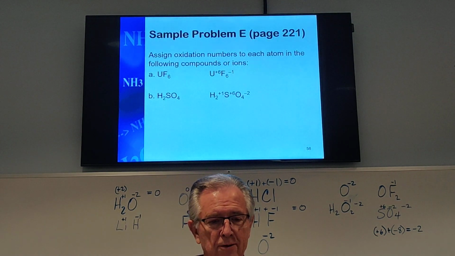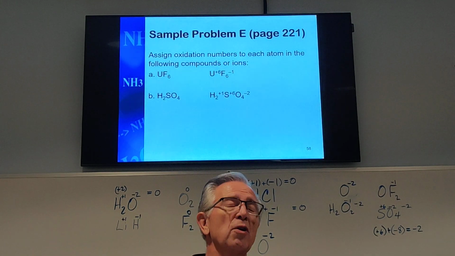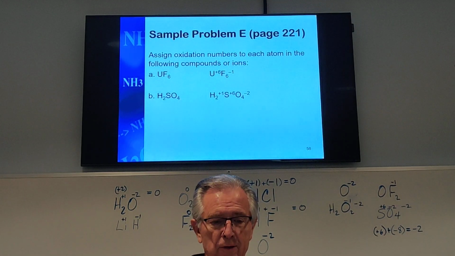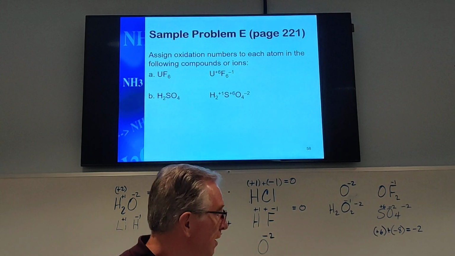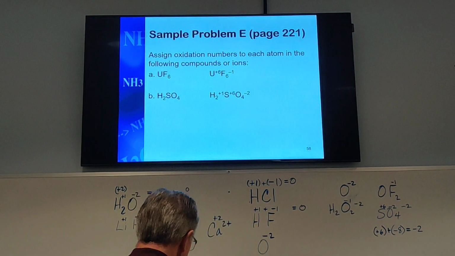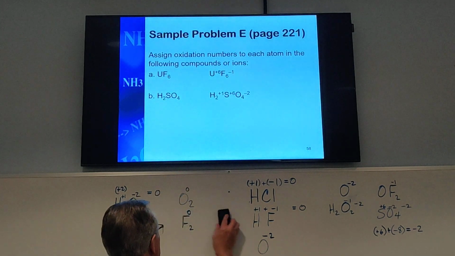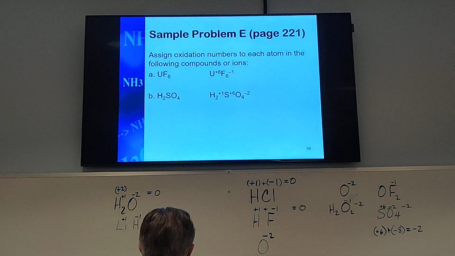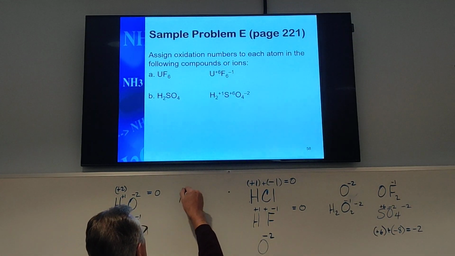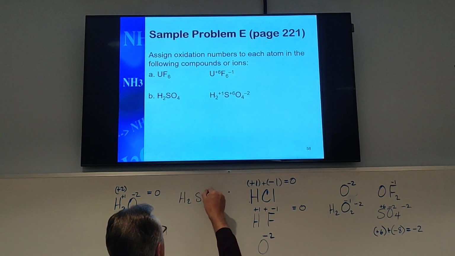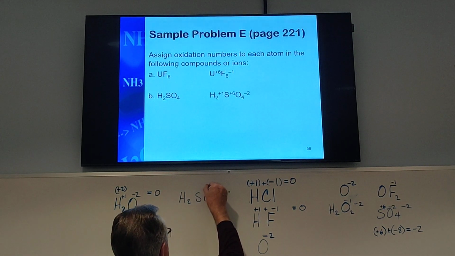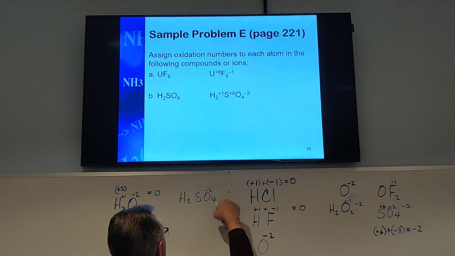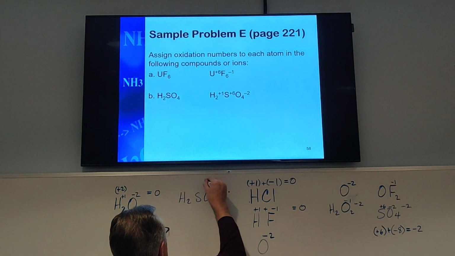Oxygen's oxidation number is almost always what? -2. We have 4 of them, so that's going to add up to -8. Let's put that up here. You said each one's a -2, and there are 4 of those, so that's a -8 altogether.